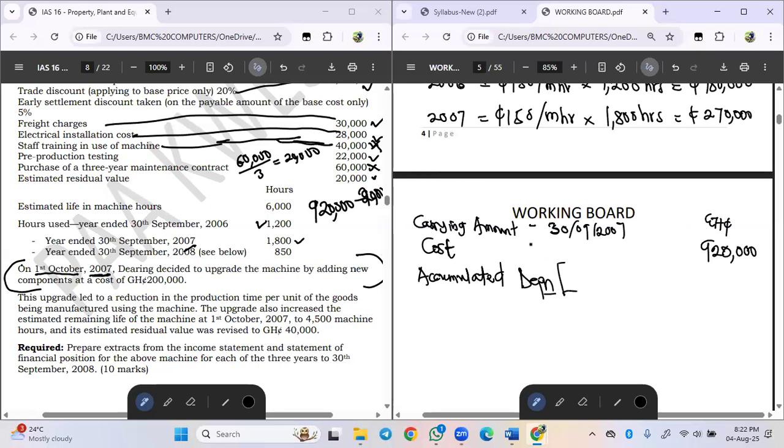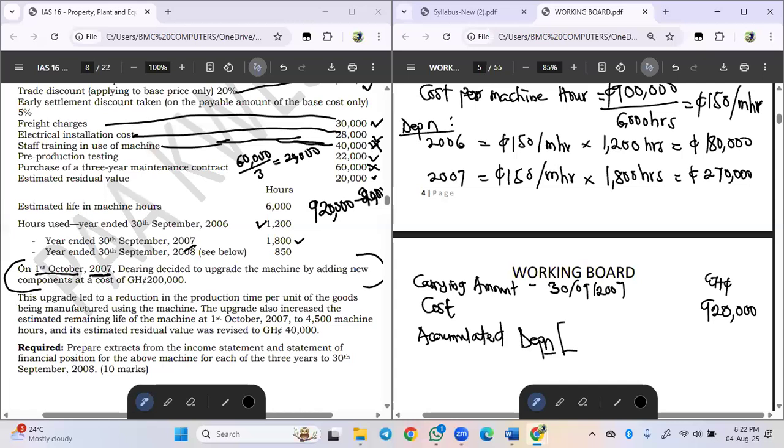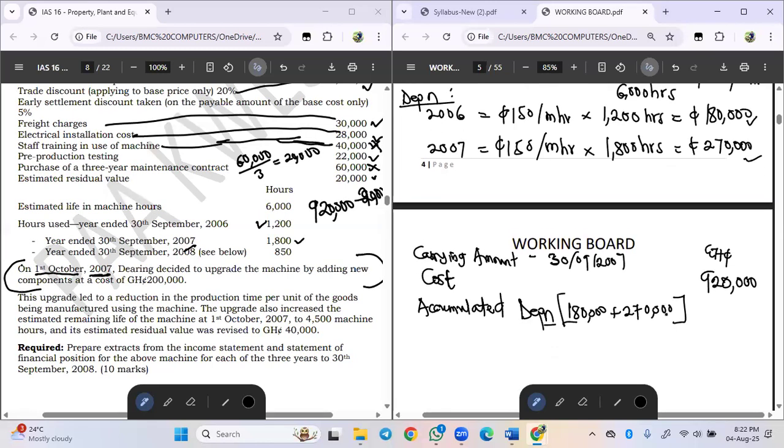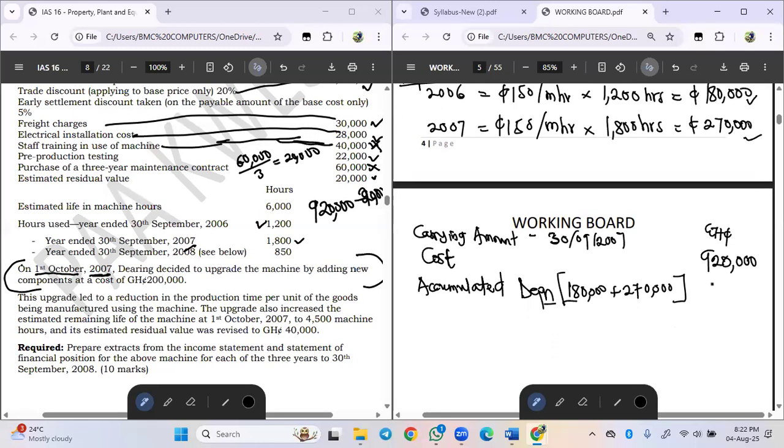We have the one for 2006, 180,000, and the one for 2007, 270,000. So it will be 180,000 plus the 270,000. That will be the accumulated depreciation as of now. So what's the answer? 180 plus 270, 450,000.